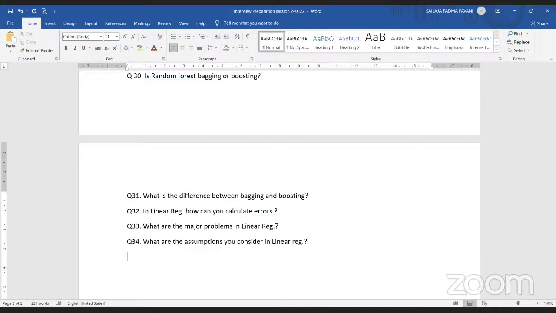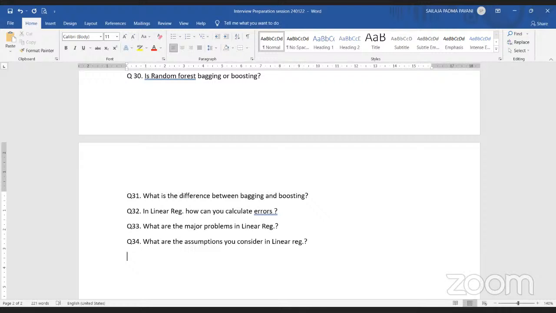Y is the dependent variable, as I explained yesterday. The variance of the residual, which is the error, should be the same for any value of the independent variable X. That is called homoscedasticity.